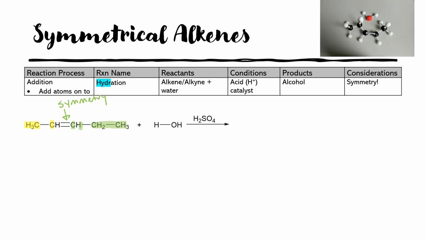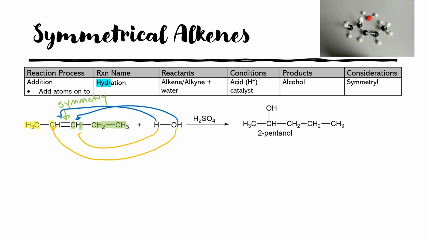which means that the hydrogen and hydroxyl group could go to either of the carbons participating in that double bond, creating two potential constitutional isomers, where that hydroxyl group is going to go onto that second carbon.